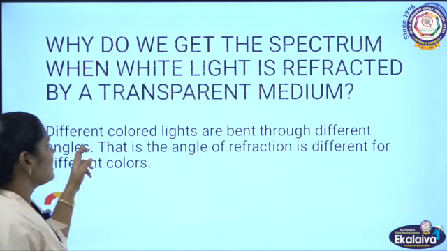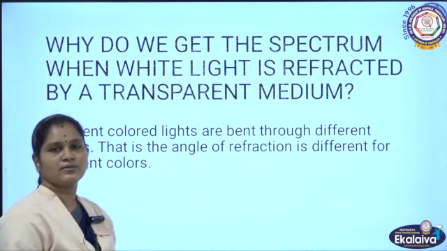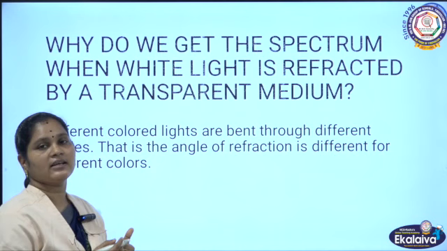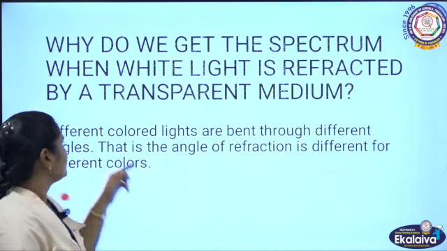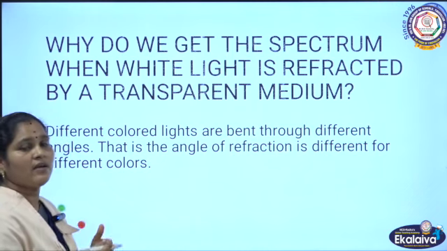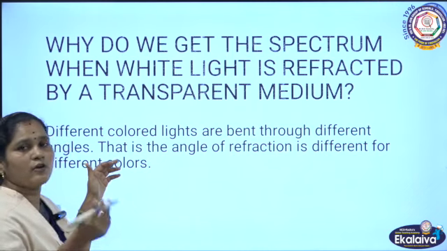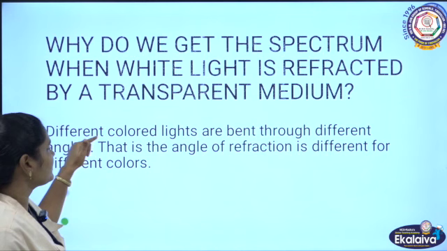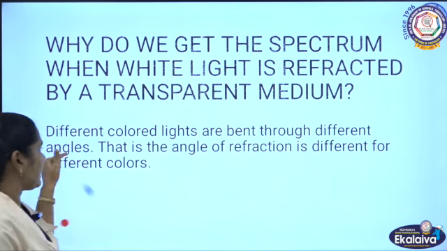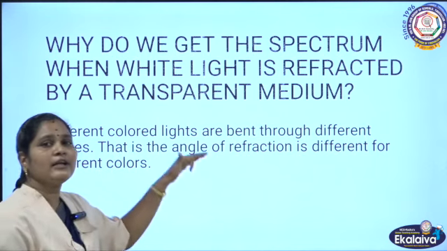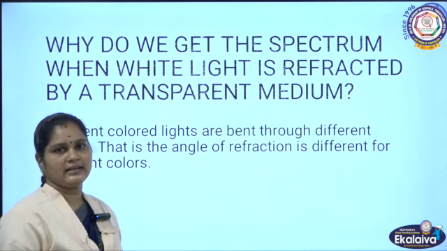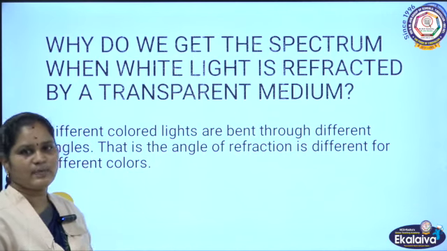The answer is that different colored lights have different wavelengths and different angles. So different colored lights are bent through different angles, that is, the angle of refraction is different for different colors. That's why we get that spectrum.